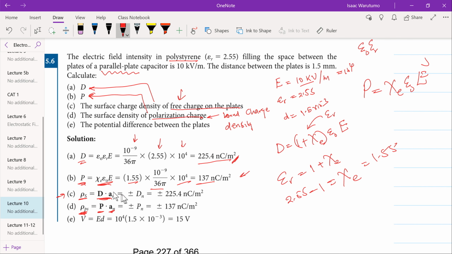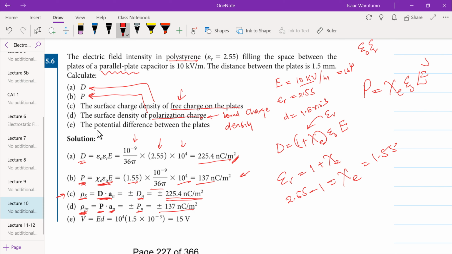For that reason, because we have already attained the D, we just drop the vector and we only give the value which is exactly what we found earlier. For the surface charge density of free charges, 225.4, and for the polarization charge, 137 nanocoulombs per meter square.